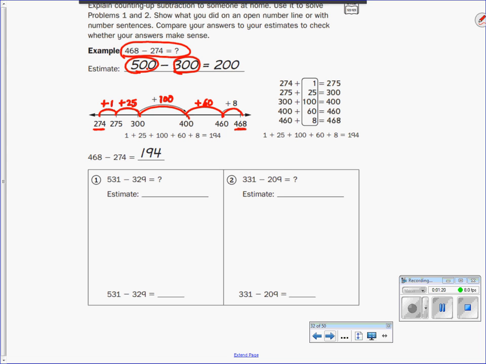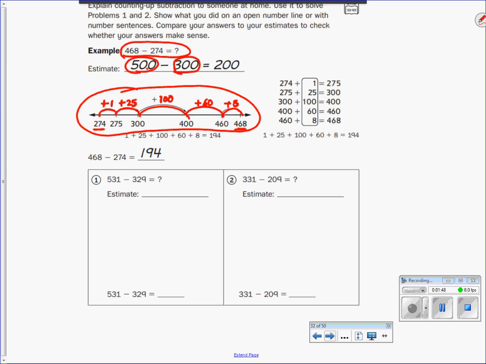Then 460 to 468 is plus 8. Then all I have to do is add all of these together: 1 plus 25 plus 100 plus 60 plus 8 to come up with 194, which tells me I have a good estimate.